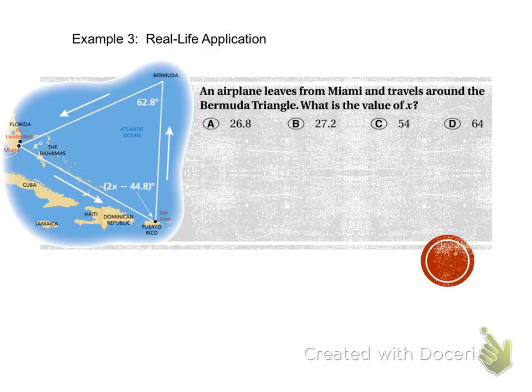I'll start here over by the Bahamas, we have an x plus my other angle, which is 2x minus 44.8. And then we're going to add the third angle, which is 62.8.